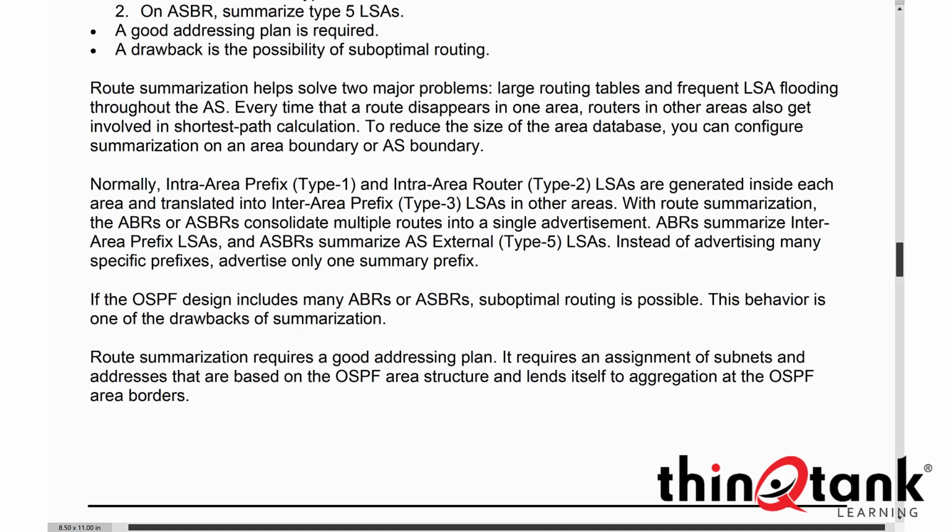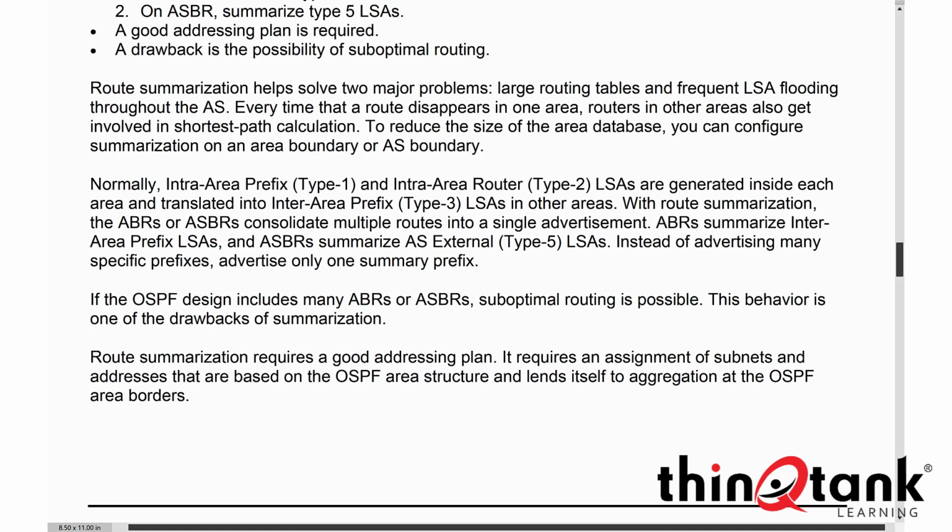Now with route summarization, we want to obviously consolidate as many of those external routes or those individual routes as we can within the summary, and that requires, like I said, good addressing and good networking design initially. All right. Now, remember what I said yesterday when we were talking about OSPF architectures, right? I said if you have a single area OSPF implementation, you're going to lose the ability to do summarization. Well, that's because you don't have any ABRs, right?